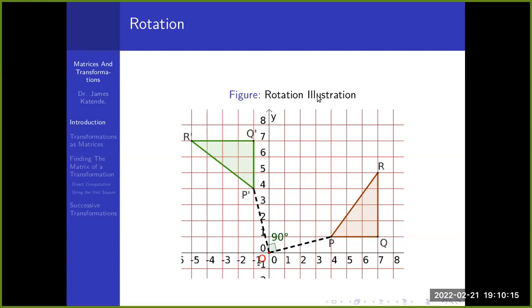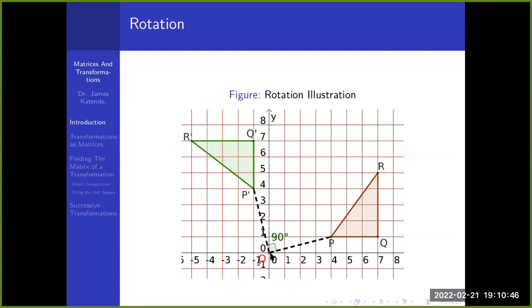Here is an illustration for the rotation. We have our object, this triangle labeled P, Q, and R. After the transformation, the 90 degrees rotation, the image is this green triangle, P prime, Q prime, and R prime.